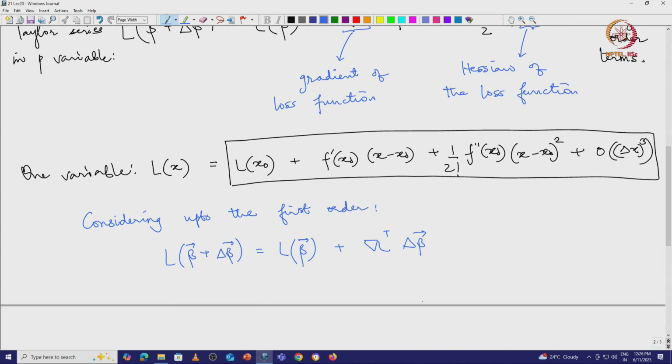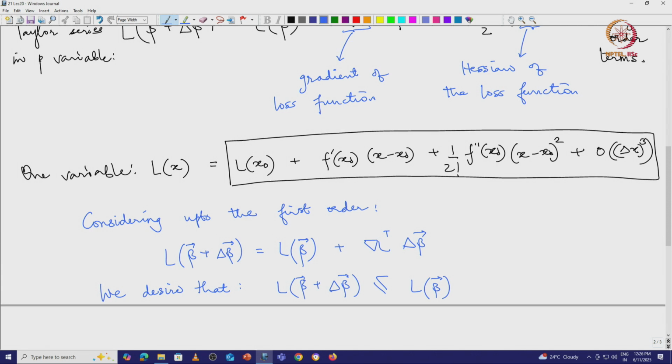Now, as I said, what we desire is that your L of beta plus delta beta should be less than or equal to L of beta, right. Obviously, only then the loss function will reduce.